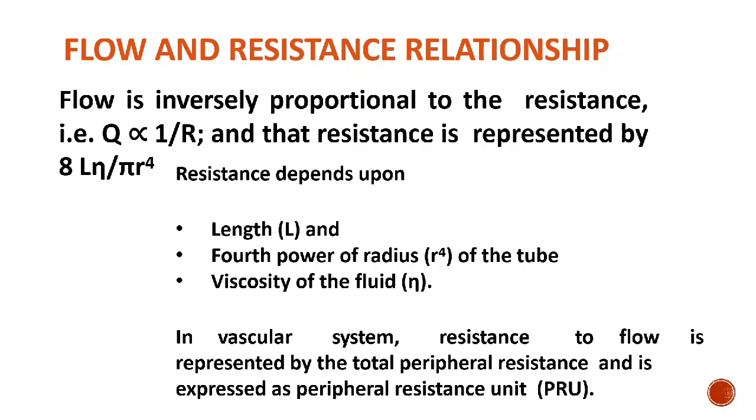So resistance depends on length, the 4th power of the radius of the tube, and viscosity of the fluid. In the vascular system, resistance to flow is represented by total peripheral resistance, TPR, which is expressed in peripheral resistance units. So what are these two, TPR and PRU? We will see in the next slide.